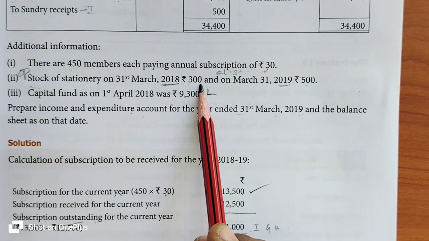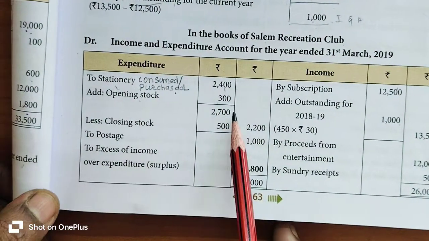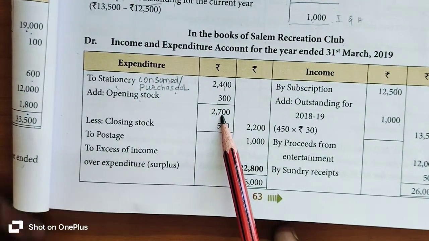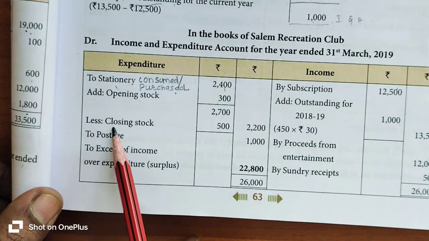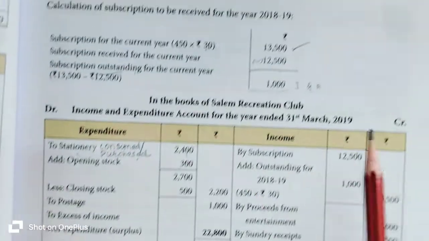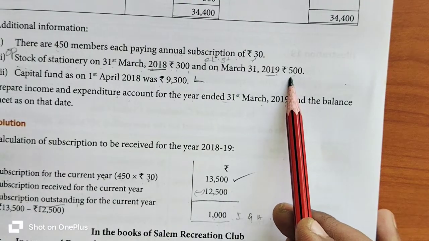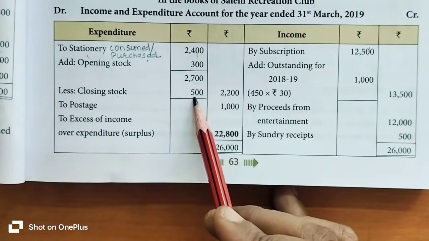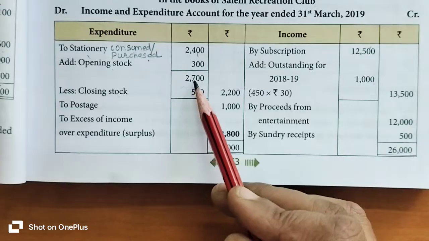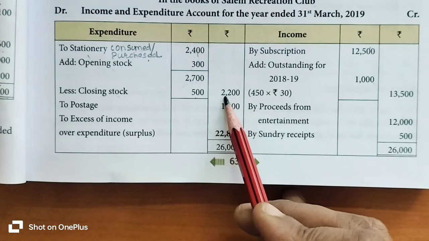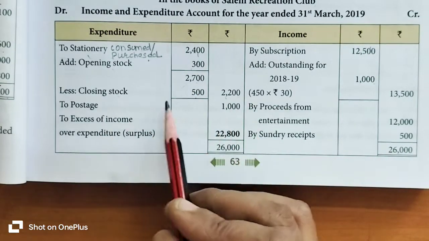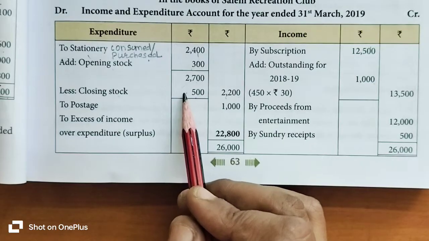After adding, you will get 2,700. Then we subtract the closing stock, 500 rupees, from 2,700. You will get 2,200 rupees. This closing stock will appear on the asset side also.